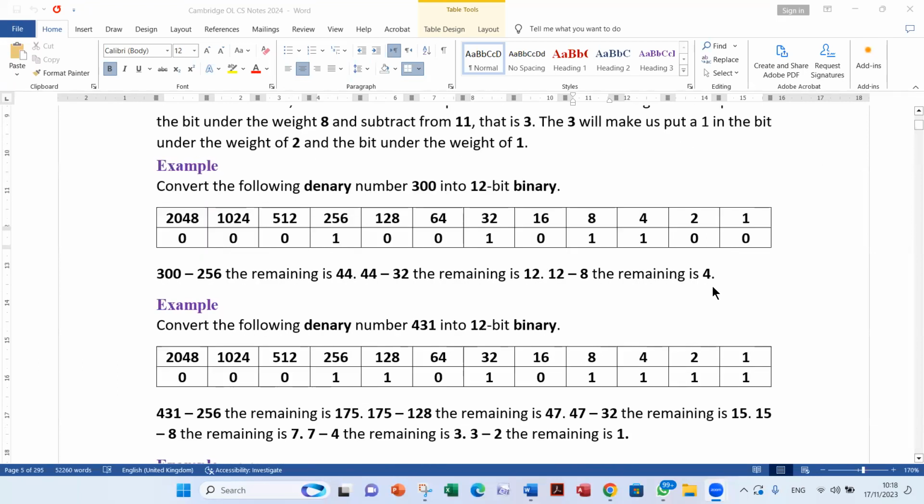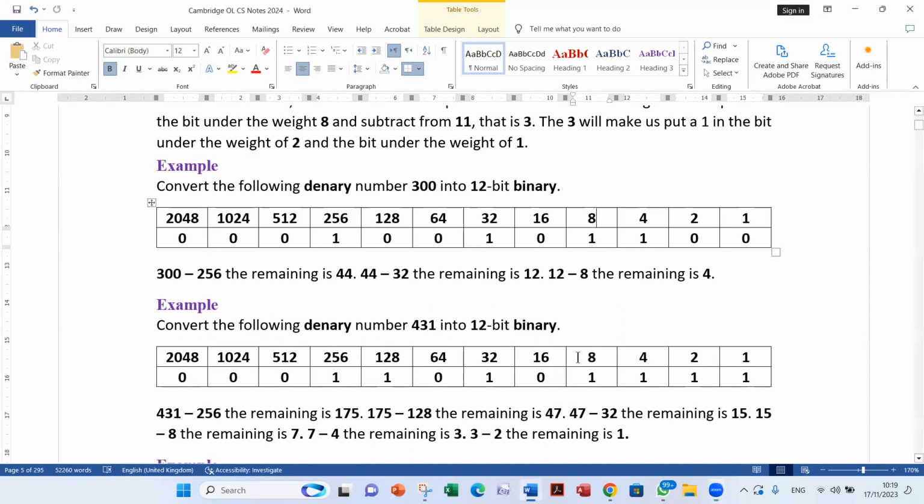Okay, let us go through it. You have to fill all these with zeros. You start with 256 and subtract, and then you have 175. You put one here and subtract. You have 47. Then you put 0 here. You put one under the 32 and subtract. You have 15.